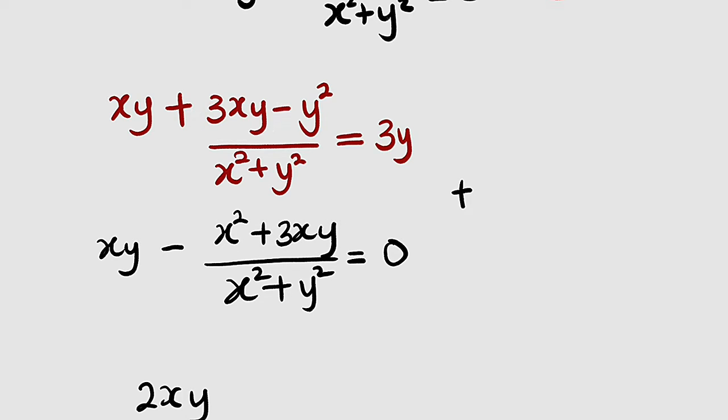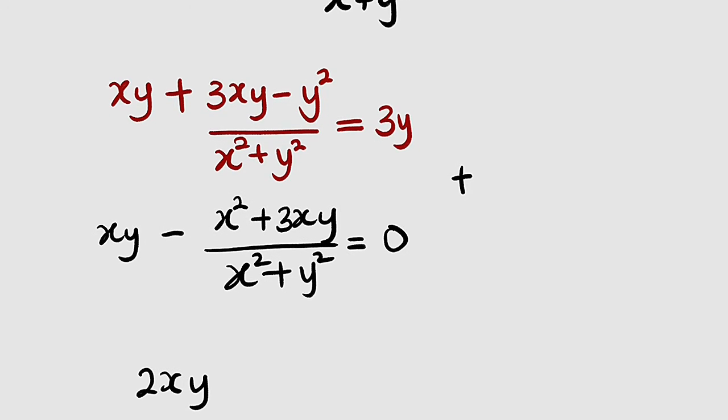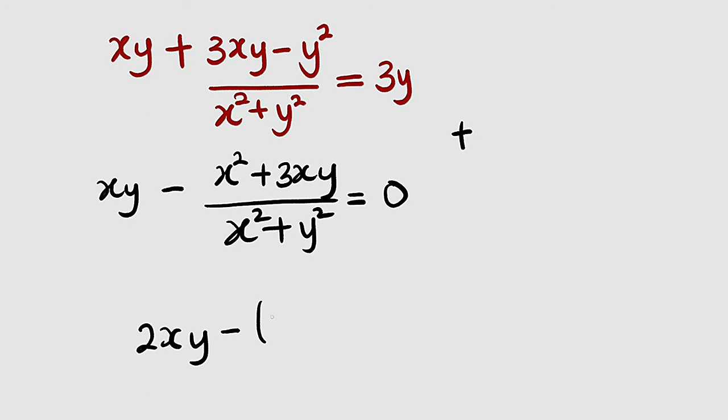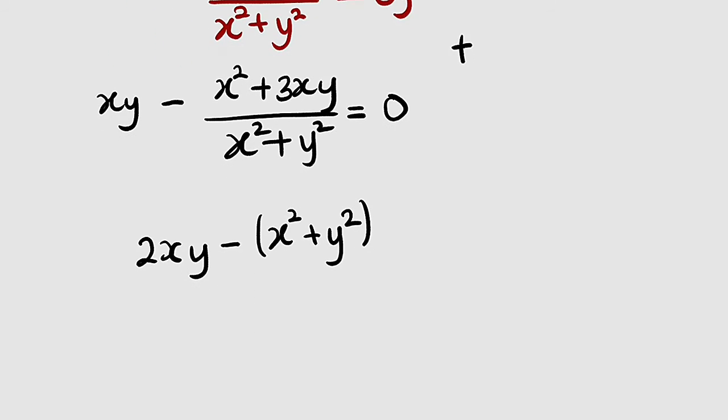What we have left is negative y squared minus x squared, which we can write as minus, we can factor it out, then x squared plus y squared. And the denominator will not change. We have x squared plus y squared. This is equal to the right hand side.